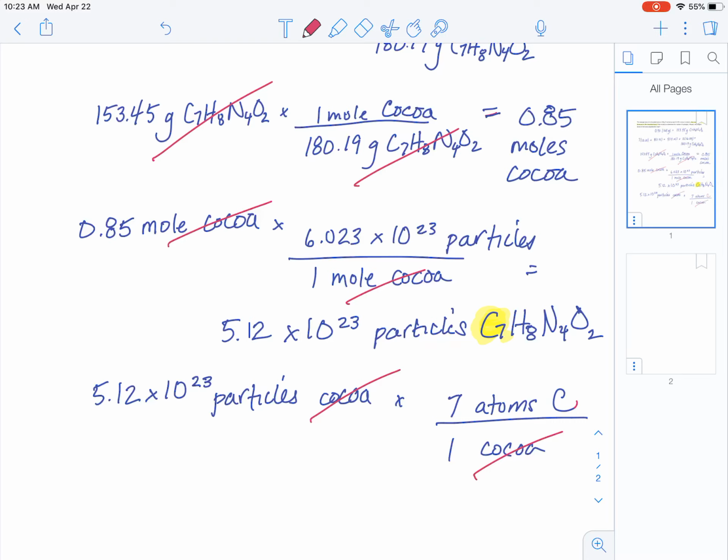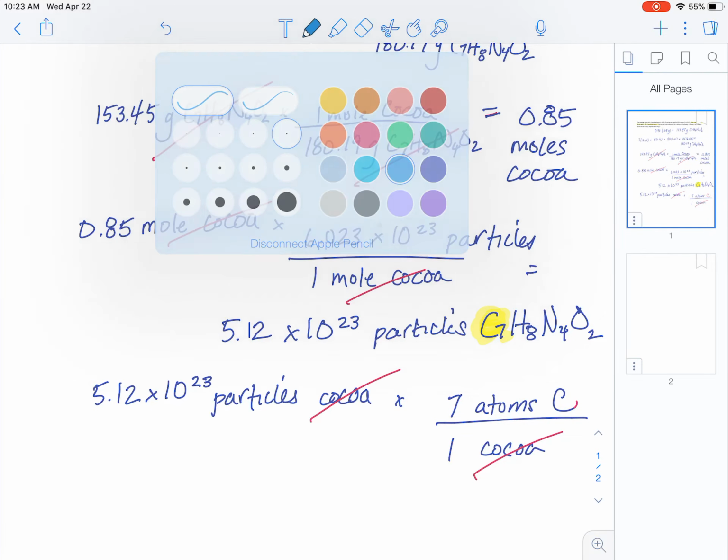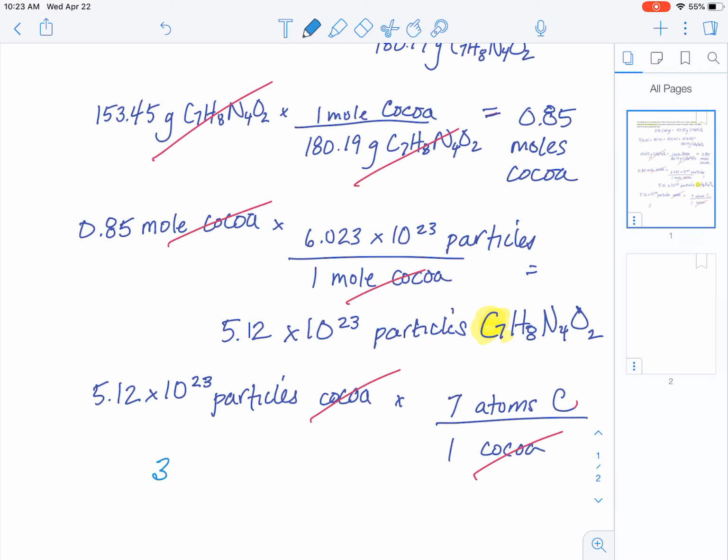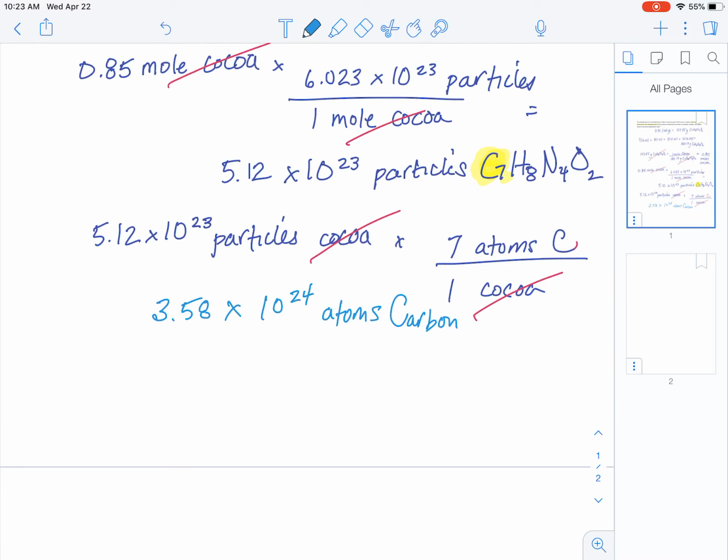And you're going to get, for that answer, 5.12 times 10 to the 23rd times 7. You're going to get an answer equal to 3.58 times 10 to the 24th particles, or sorry, not particles here, this is atoms, which is a particle, but so you get 3.58 times 10 to the 24th atoms of carbon.